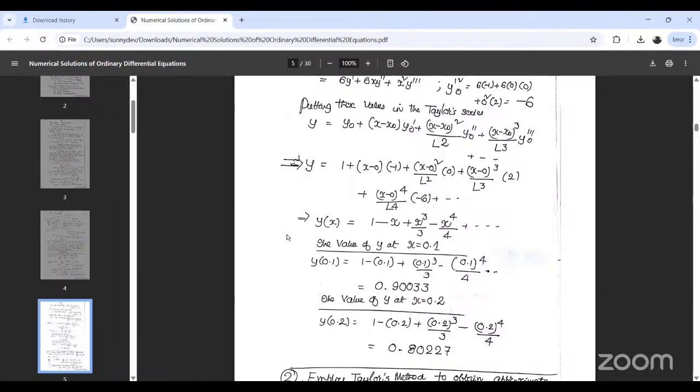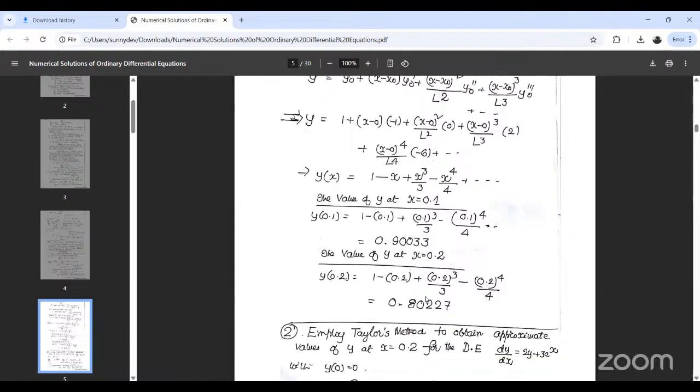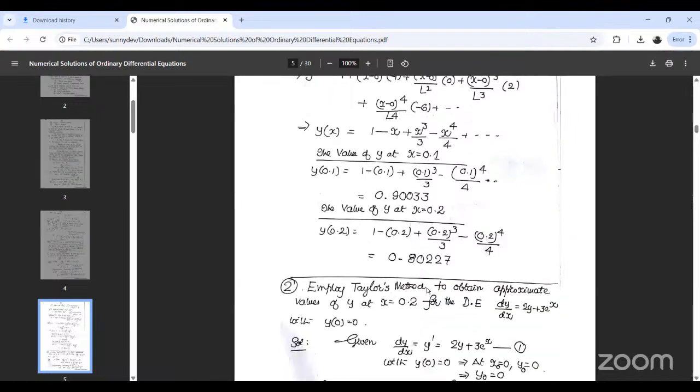If they are asking to find the value of y at x equal to 0.1, then in place of x we substitute 0.1. If they ask for the value at x equal to 0.2, then we substitute 0.2. Suppose they are asking for the y value at x equal to 0.3.